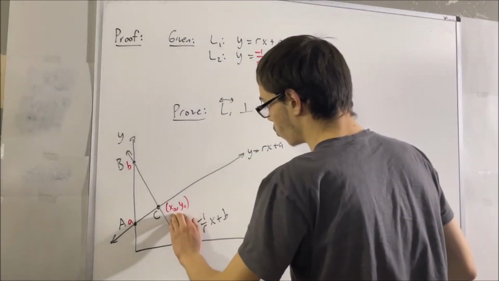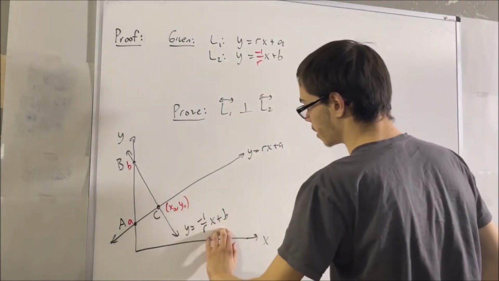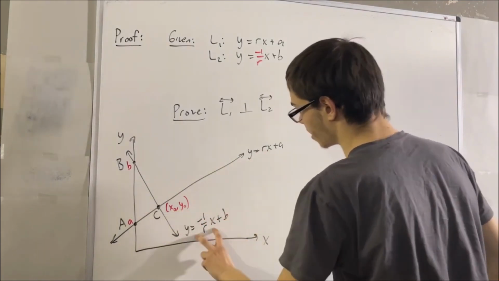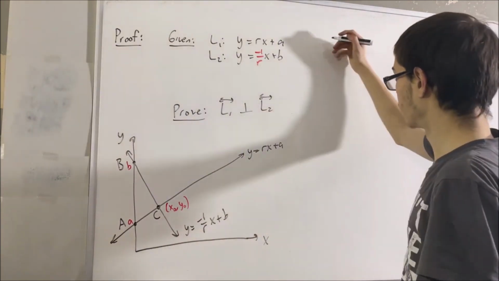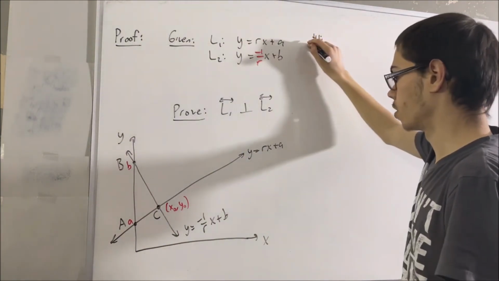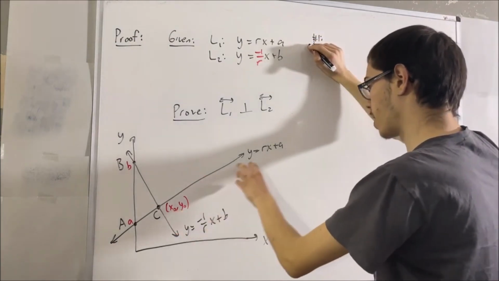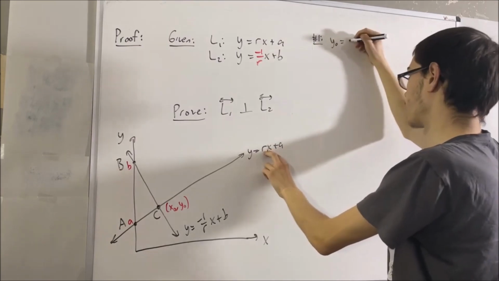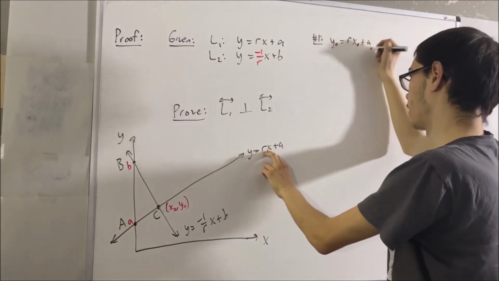Because x0, y0 lies on both of these lines, we can substitute these two coordinates into both of these equations. For the first equation, line 1, we can substitute x0, y0 into this. You would get y0 equals rx0 plus a.